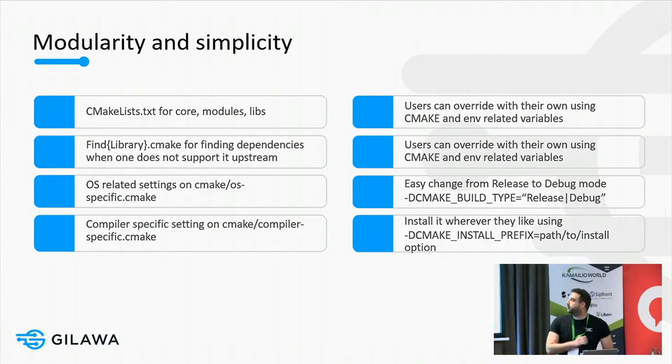We separated OS and compiler specific settings into their own CMake files, and of course provide the user a way to override and adapt them as one wants. And we can easily define some already CMake-provided types, like build type if we want release, debug, or release with debug information, and of course, where we want to install our project.